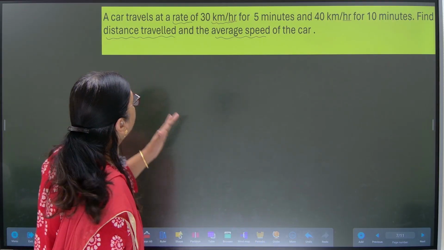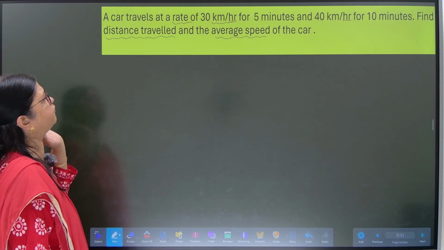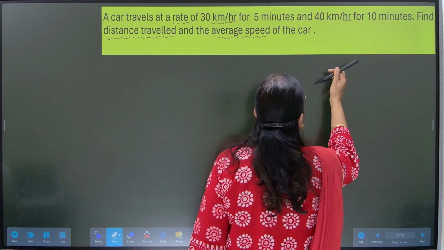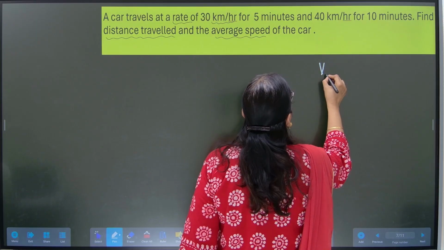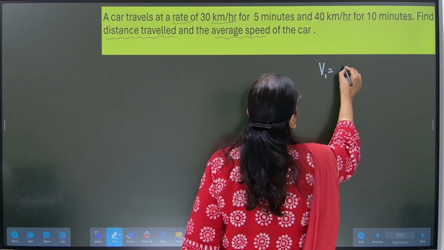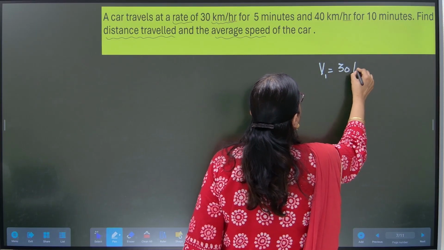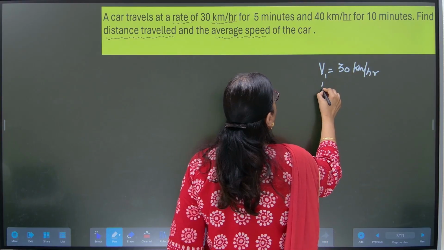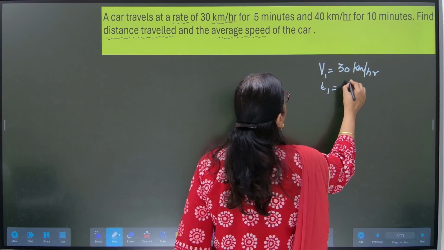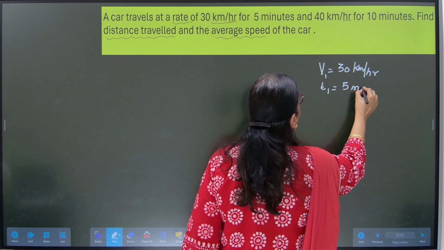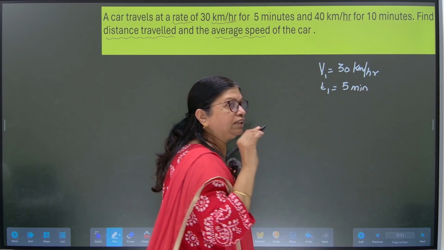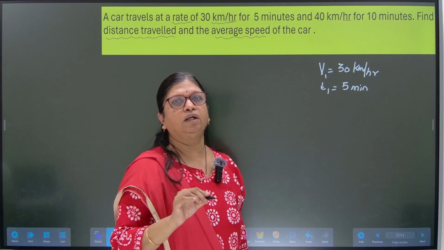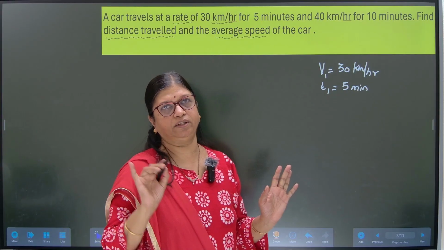So now what is given to us, that is our first work to be written down. Let us write it down. V1 is equal to 30 kilometers per hour and T1 is equal to 5 minutes. Now the moment you write what is given to you, understand whether you have to convert the units.